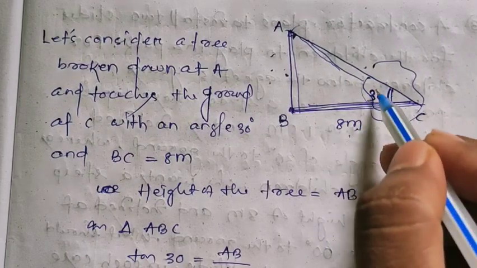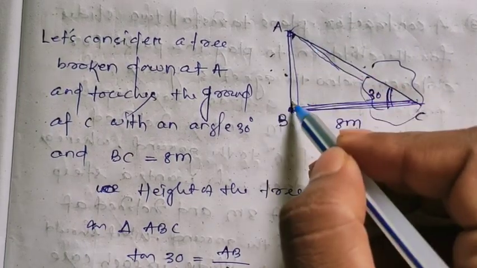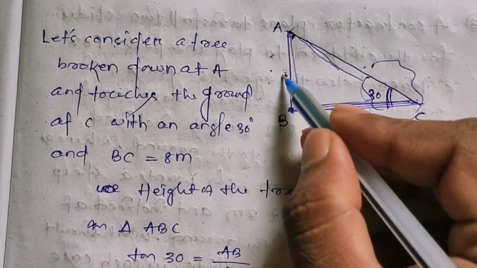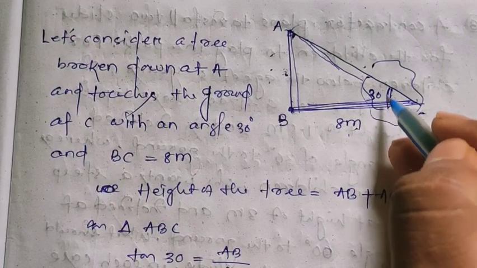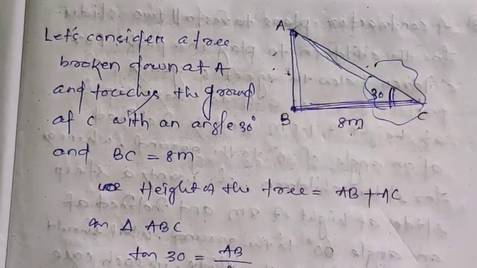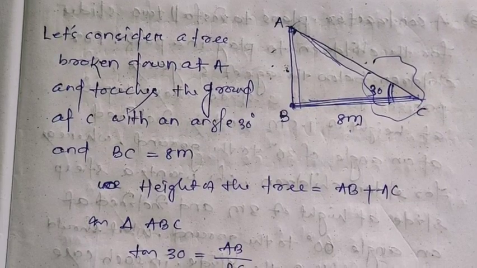From here I can put tan 30 as AB by BC and calculate AB, which will be 8 by root 3. Then I can put sin 30 equal to AB by AC, from where I can calculate AC. We have already found AB and AC, then add AB plus AC and we will get the height of the tree. Understand? Okay, let's go to the next question.